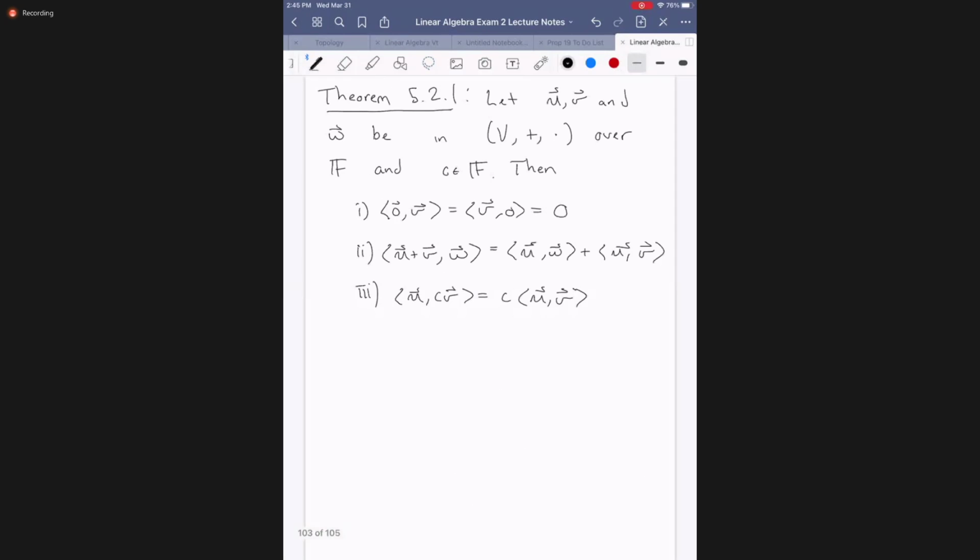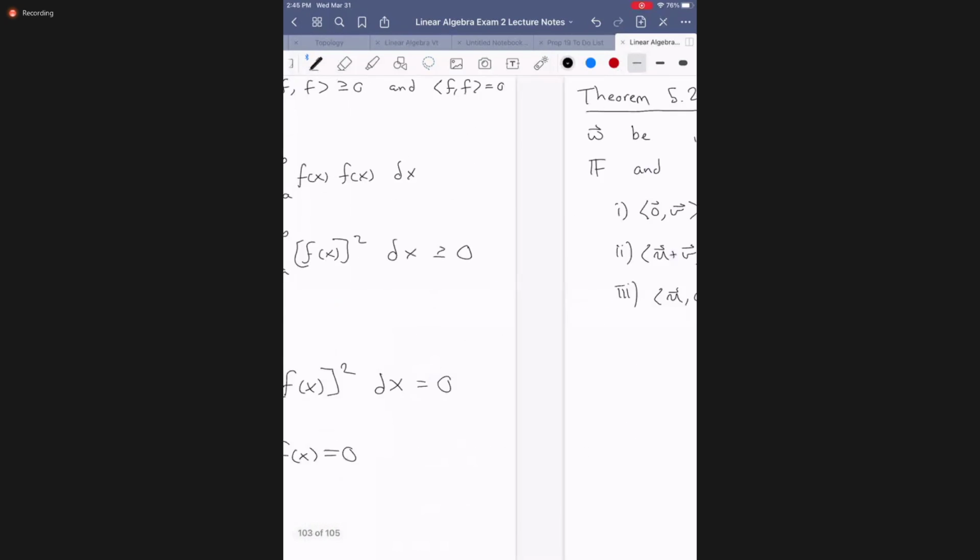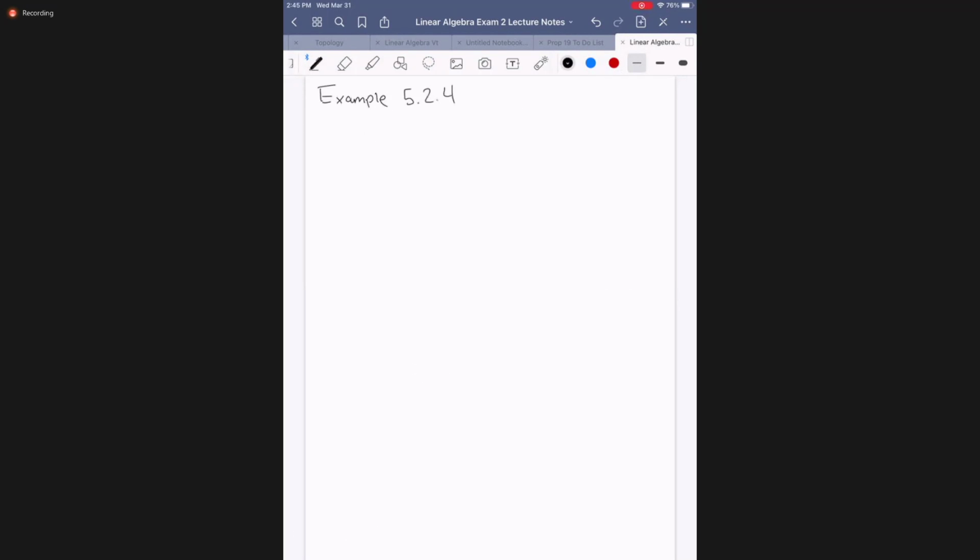Let's say, what is the length of f of x equals x squared in the vector space of continuous functions on 0 to 1 over the real numbers with the standard inner product.